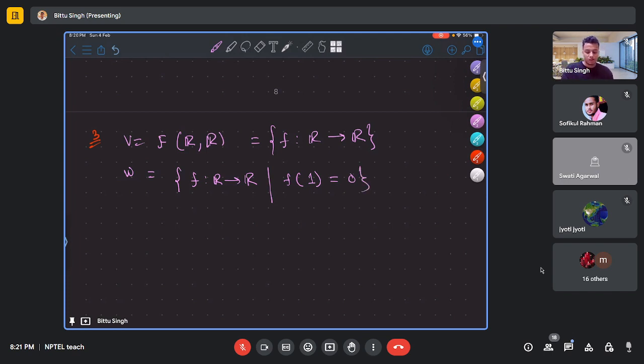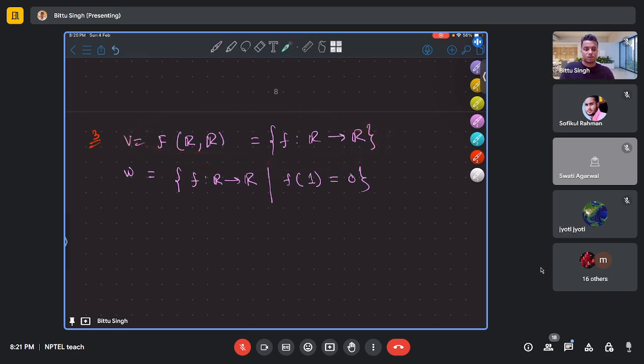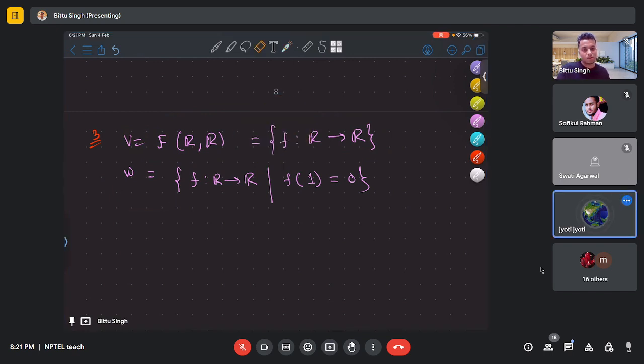Now the question is: is W a subspace of V or not? Those function spaces form a vector space. W is a subspace because closure under addition and scalar multiplication properties hold here.